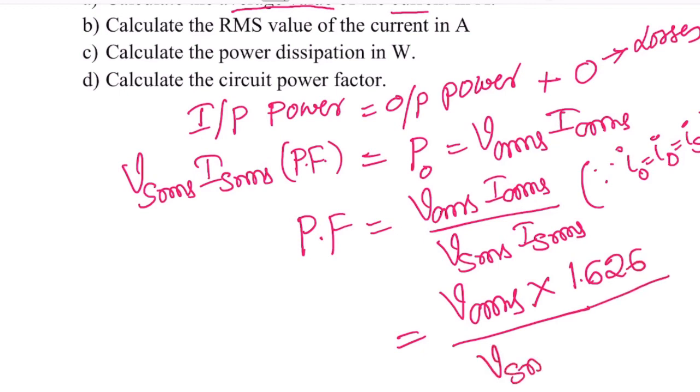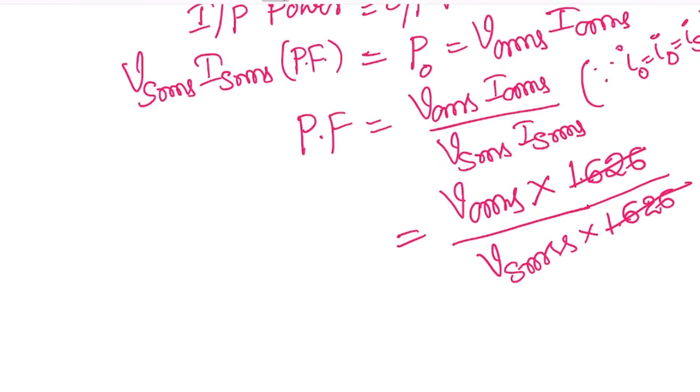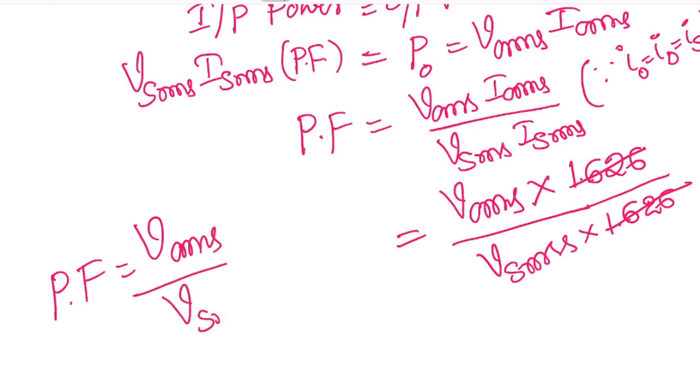Then here it is supply RMS voltage, and also 1.626, these two will be cancelled. Then the power factor is equal to output RMS voltage by supply RMS voltage. Already you calculated the output RMS value, but I don't want to substitute numericals, because whether you substitute numericals or not, the answer will be the same.